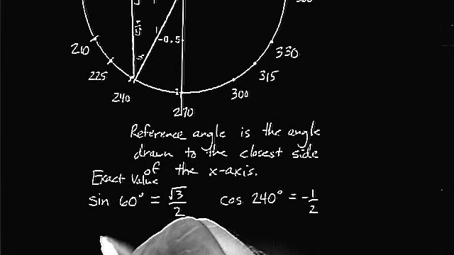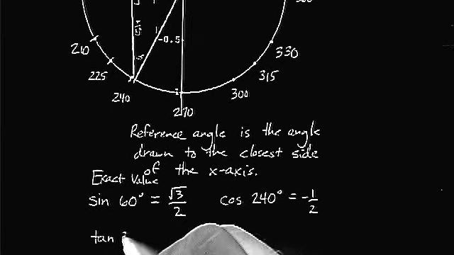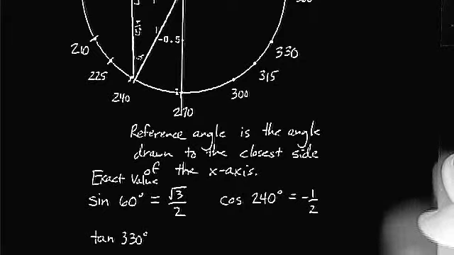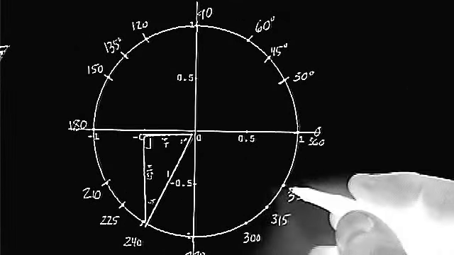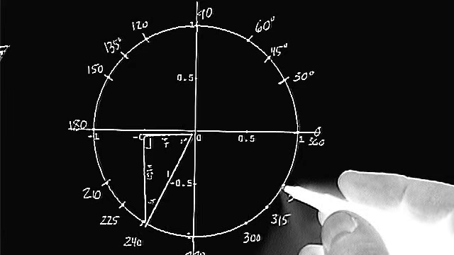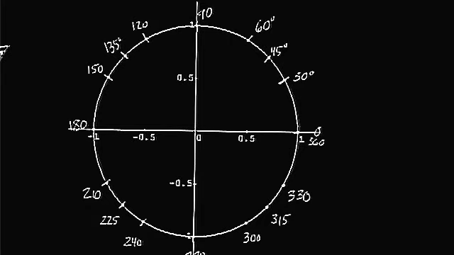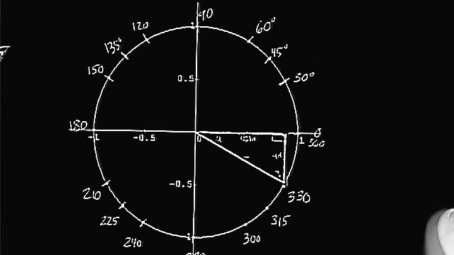What about the tangent of 330 degrees? Tangent 330. Well, come back to my circle. 330 is down in quadrant 4. The angle measurement drawn up to the x-axis looks like another 30, 60, 90 right triangle.